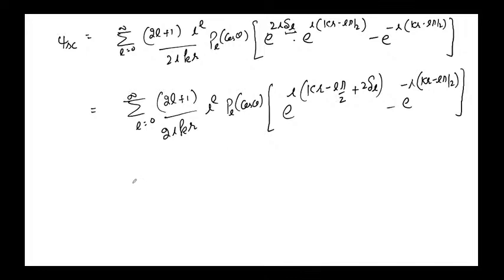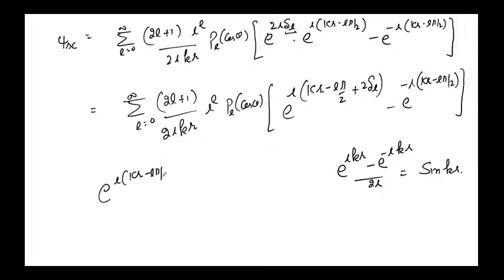So using the trigonometric relation, because we know exponential of i kr minus exponential of minus i kr over 2i is equal to sine of kr, this equation becomes sine of kr minus L pi by 2.